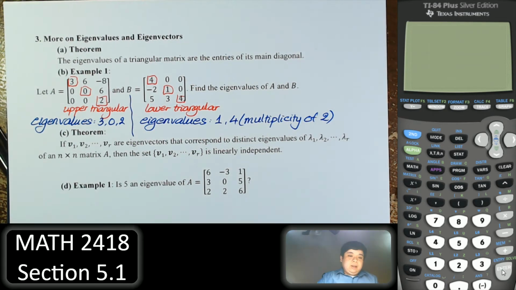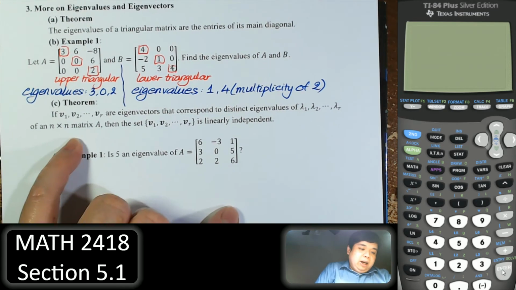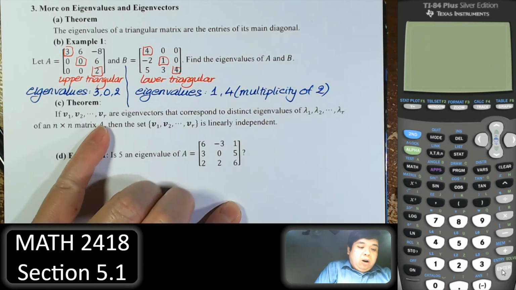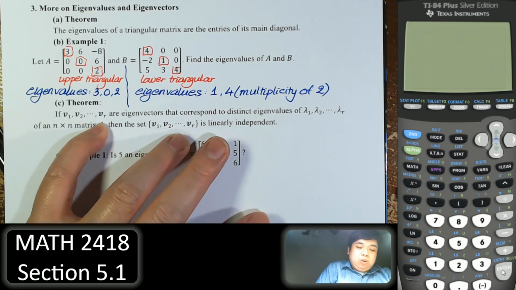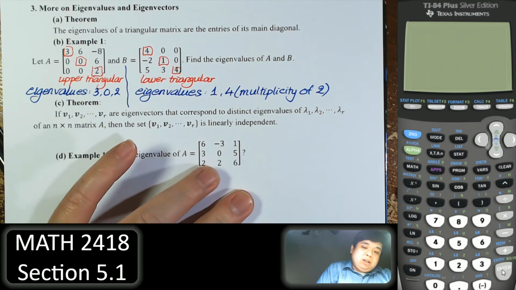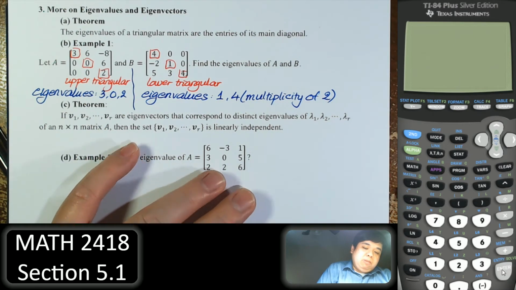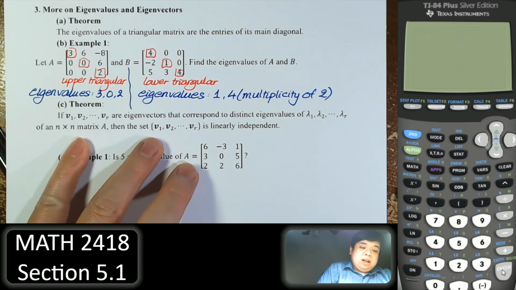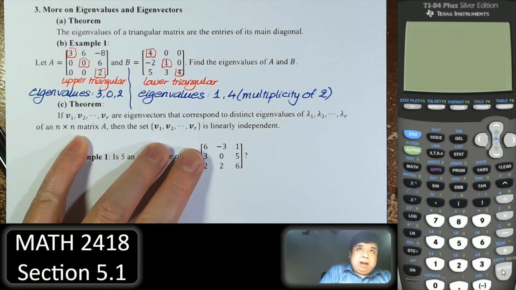One more theorem: if v1, v2, ..., vr are eigenvectors that correspond to distinct eigenvalues lambda 1, lambda 2, ..., lambda r of an n by n matrix, then the set of those vectors is linearly independent.